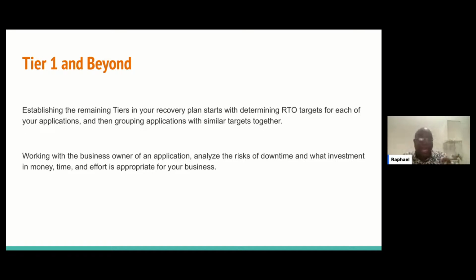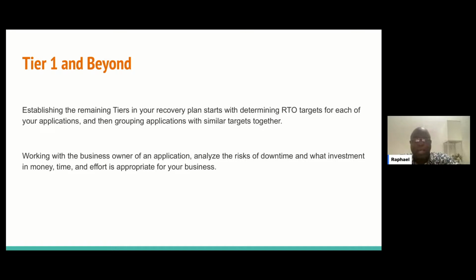AWS has something called AWS Resilience Hub, which helps customers closely achieve their RPO and RTO targets. You need to know what you're working towards.